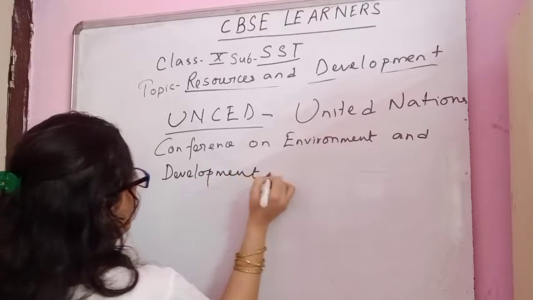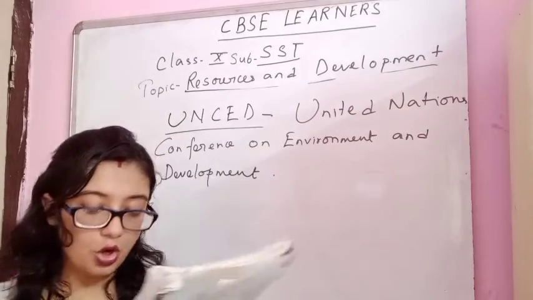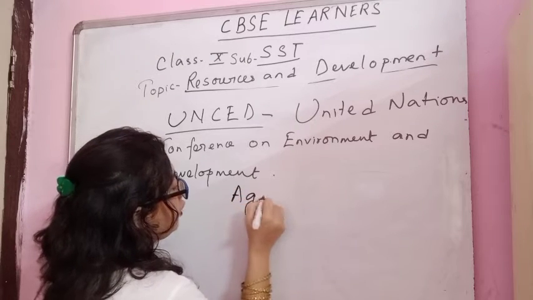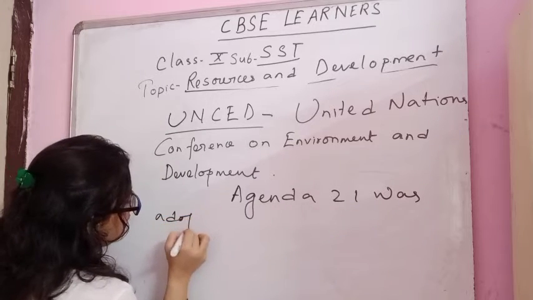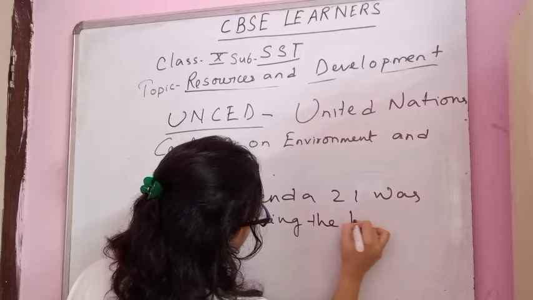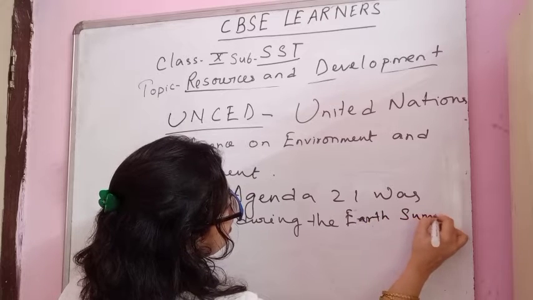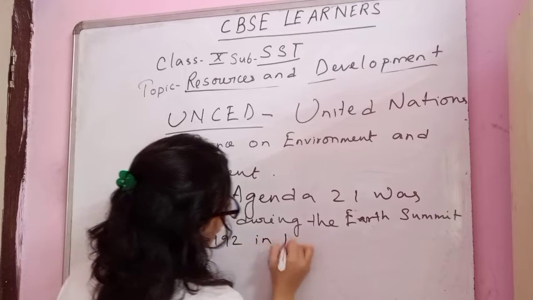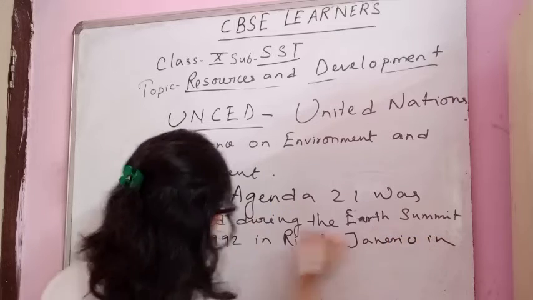So here they made the declaration of Agenda 21, which took place at Rio de Janeiro, Brazil. Agenda 21 was adopted during the Earth Summit in 1992 in Rio de Janeiro in Brazil.